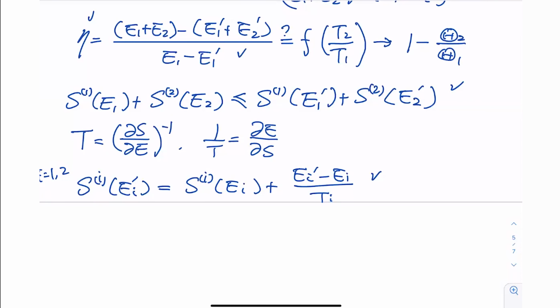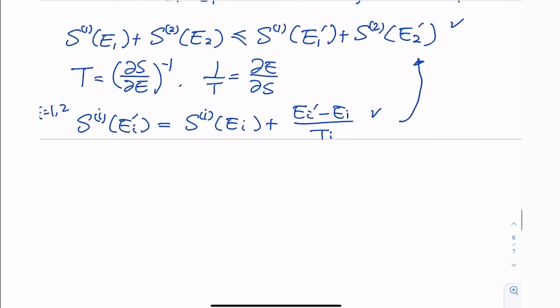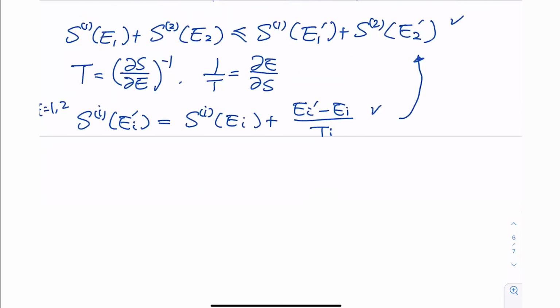So now we try to insert this relation into this inequality. It should not be too complicated. What we will find is that the left-hand side, we basically did not touch it. Just keep it the way it is. And at the right-hand side, we use this expression.